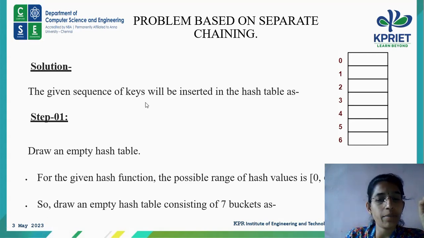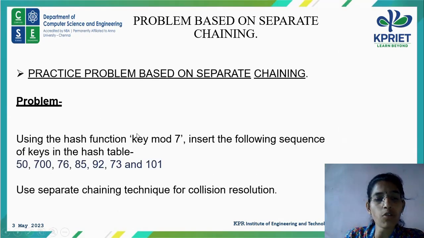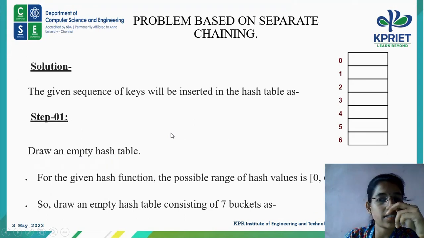Our first element is 50. So what is my table size? We know our elements and we know the hash function. The table size is 7. Why? Because in the sum they give key mod by 7, so I take the table size as 7.